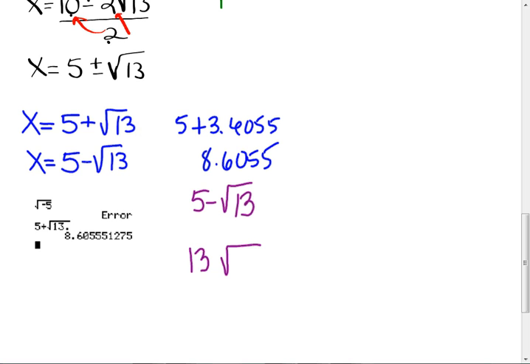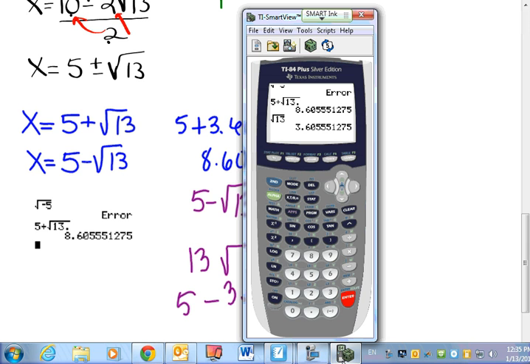And that will give you the 3.6055, but I want that minus, and I subtract the 5. Well, I don't feel good, so I don't feel like doing that. So I'm going to use my calculator. Now, I'm really lazy, you guys. So I can go back up and get that. You all can too if you have an 84.